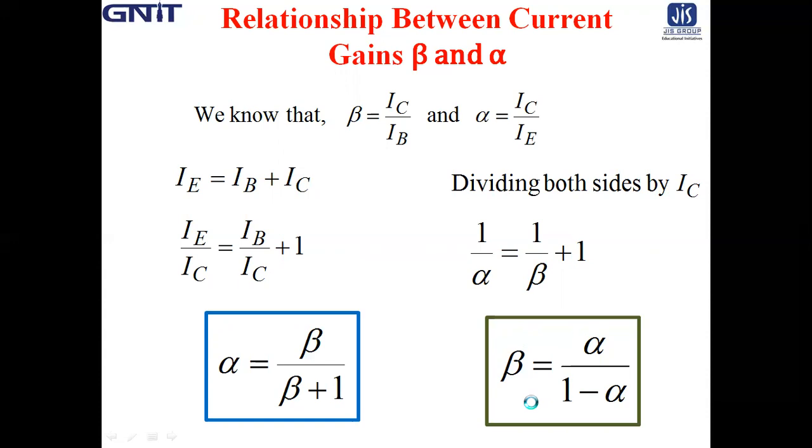So we know alpha is close to 1 but less than 1 and beta is very large. So the common emitter configuration provides large DC and AC current gain. And this is why this configuration is universally used in almost all transistor circuits.